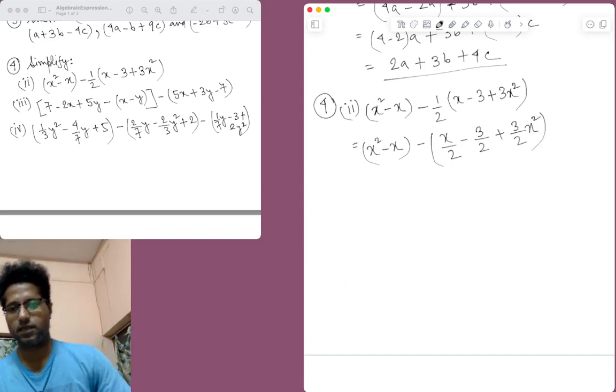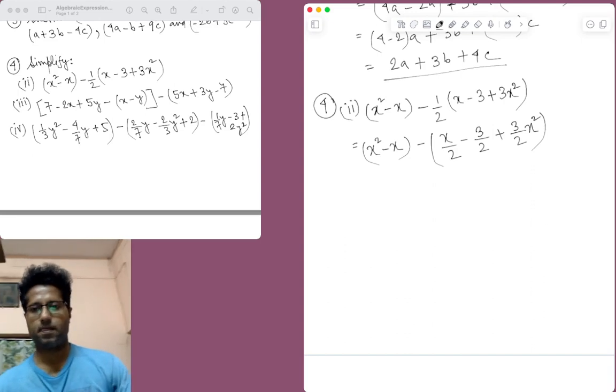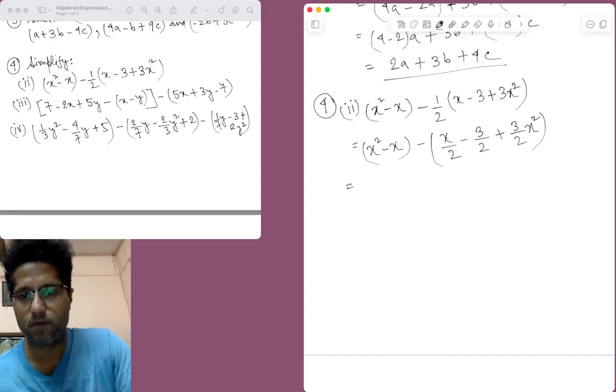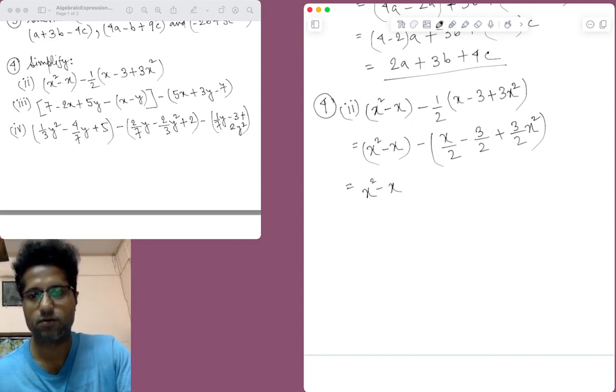So now we see the second expression is inside a group, and before that group there is a negative sign. If we want to open the group, for the first expression we can simply open the group because before it there is plus only.